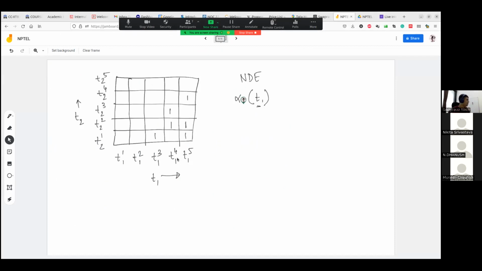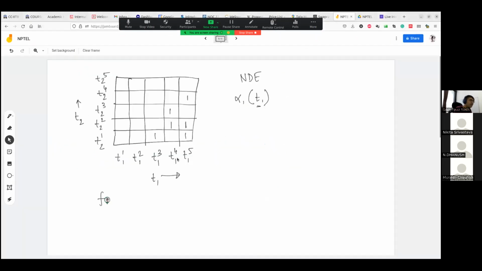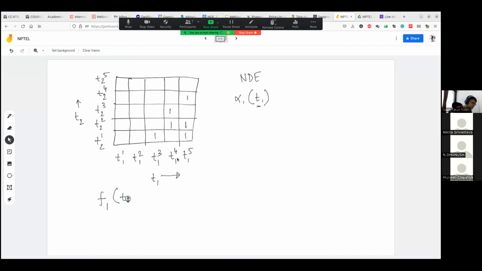So what does alpha 1 mean? So here your F1, so let's say F1 of T11, T21, right? So I'm looking at this specific cell here. What is this F1, T11, T21? Can you tell me what that value is?